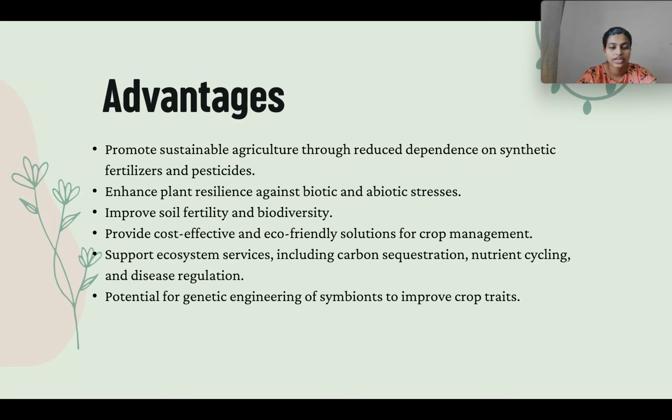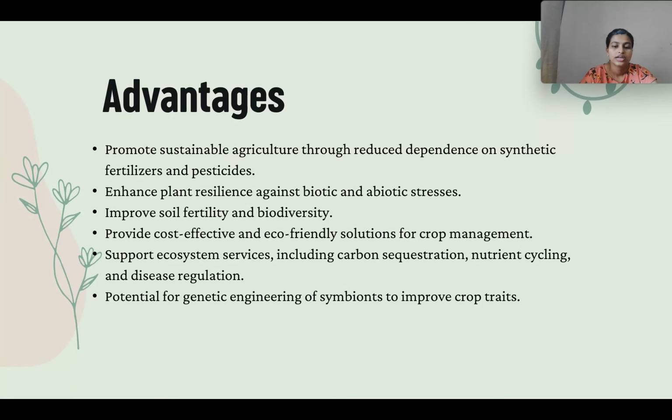Supporting essential ecosystem services. On the ecosystem level, microbes contribute to carbon sequestration, nutrient cycling, and disease regulation. Another advantage is that they are cost effective. They can often be applied through seed coatings and soil amendments without expensive infrastructure.